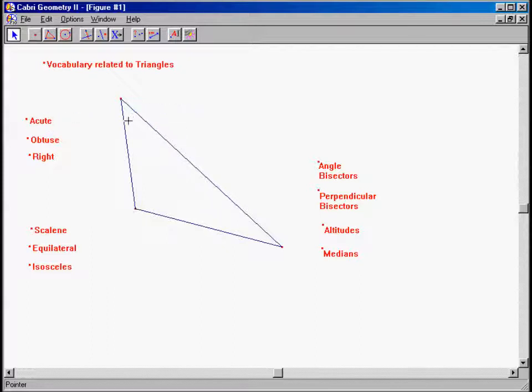This angle is acute, it's less than 90 degrees. This one is less than 90 degrees, but this one is greater than 90. You can imagine a right angle coming right here, and this one is bigger, so this is not an acute triangle.